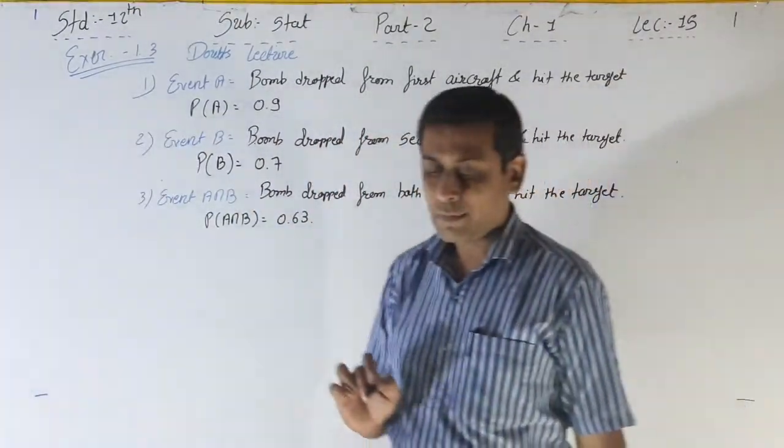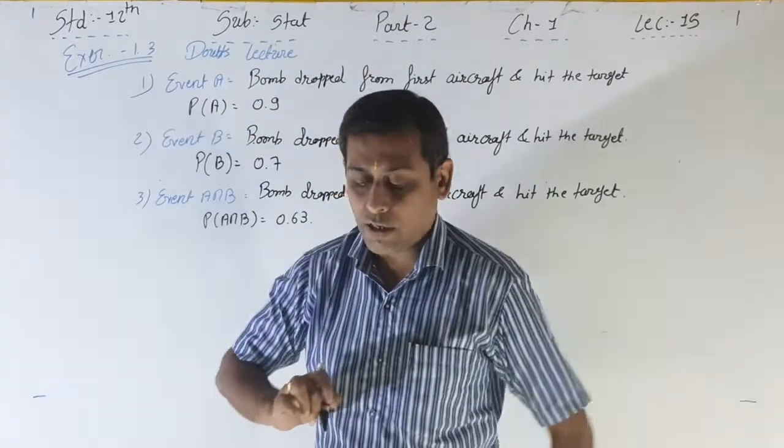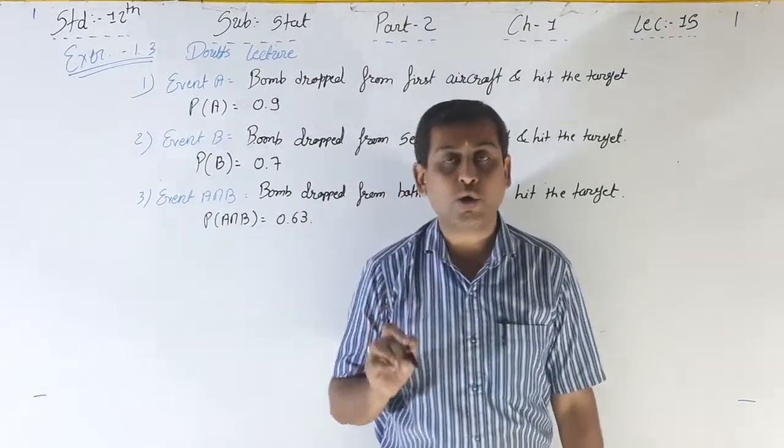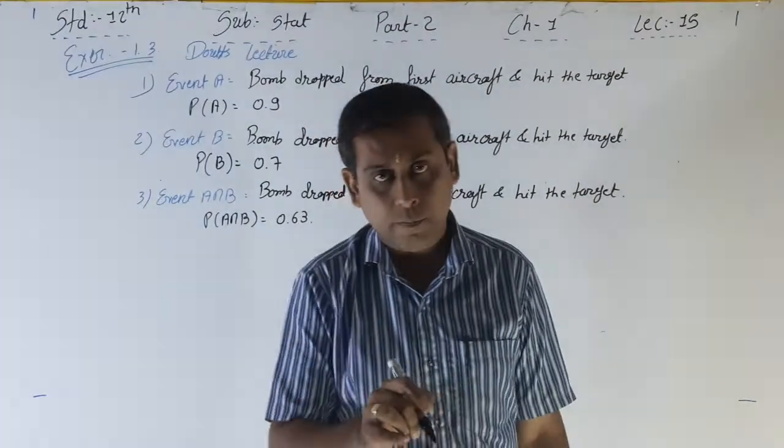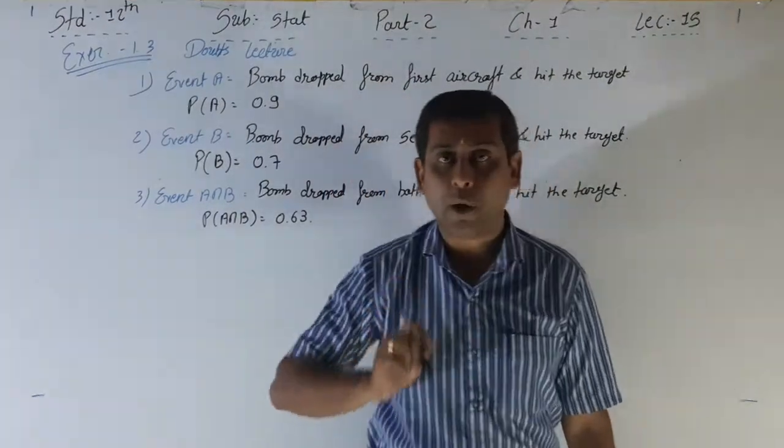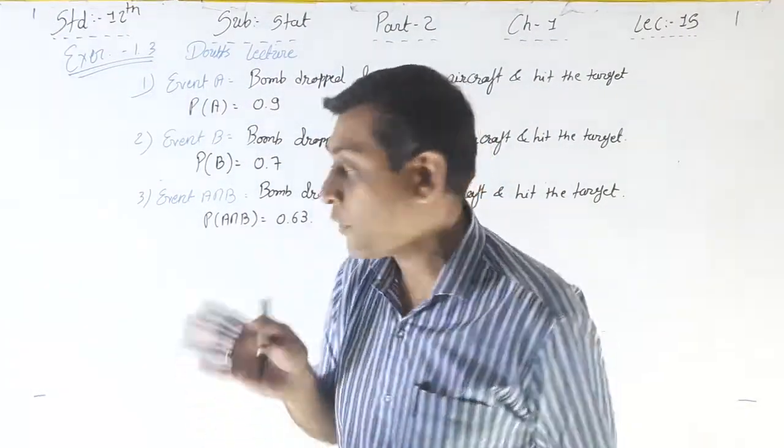Right? Now, what is the question? See, the bridge is destroyed even if one bomb is dropped on it, and we have to find out the probability of the bridge destroyed. Right?